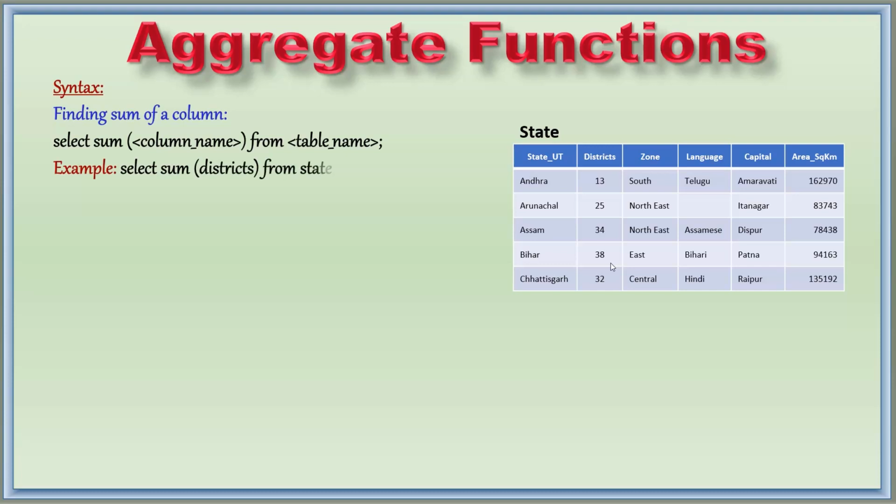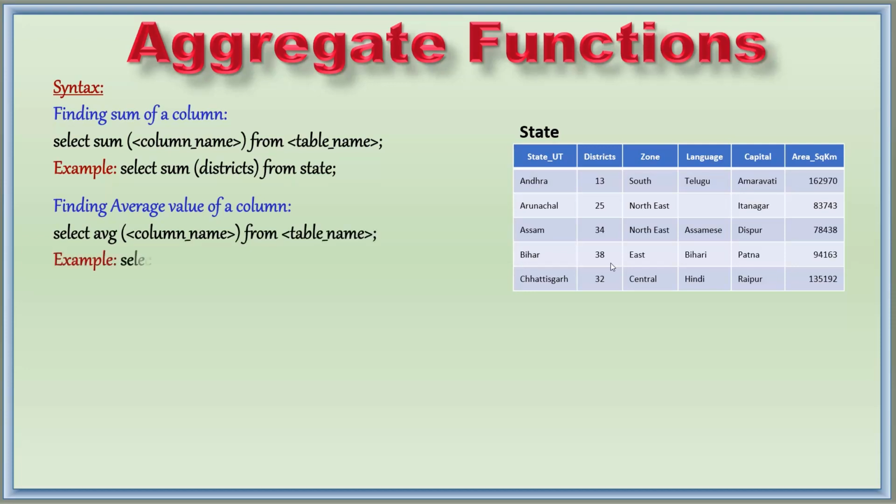Select sum of districts from state. Similarly, if we want to take the average of a particular column, we give select average of column name from table name. For example, select average of area square kilometer from state. It will give the average of the last column.